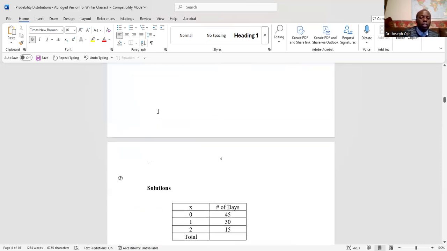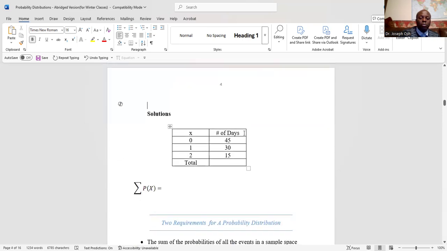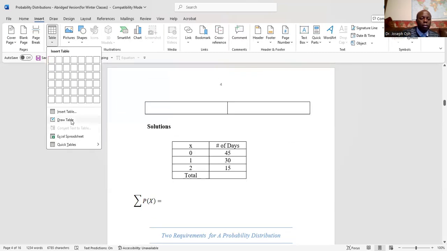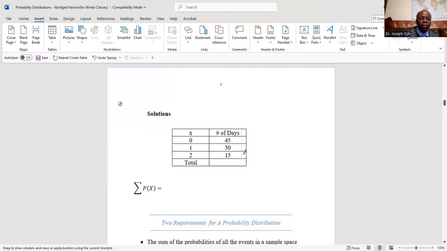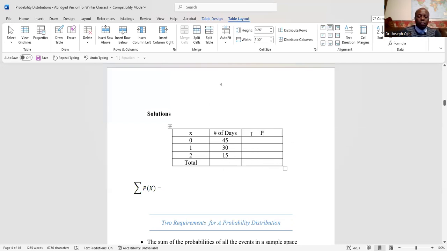So you can now compute P(X) for each X. I'm going to add a section here for P(X), that means the probability. I'll draw it right here. Expand it. So this will be our P(X).